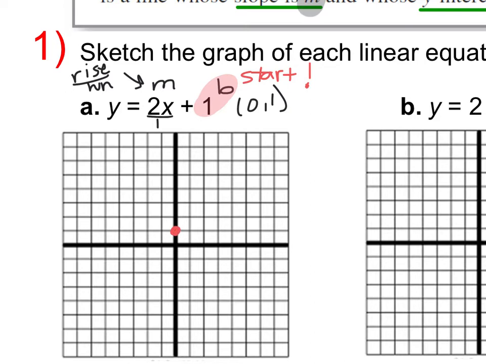And then from there, we'll move our slope up 2 over 1. So up 2 over 1, up 2 over 1, and make sure you don't put any points until you move both directions. And then, of course, go down to -1 to finish out your line, get as many points on that graph as you can, and then connect with a nice straight line.